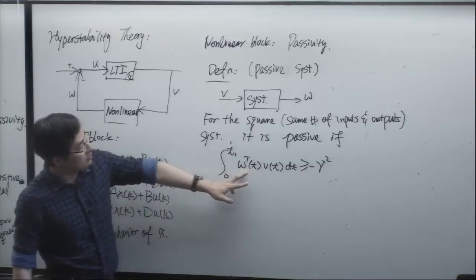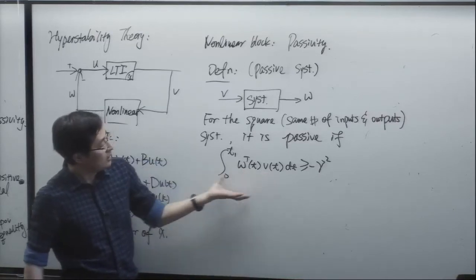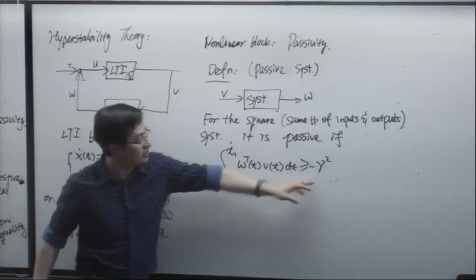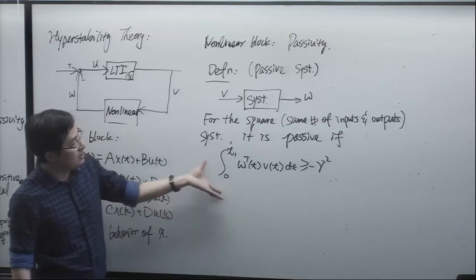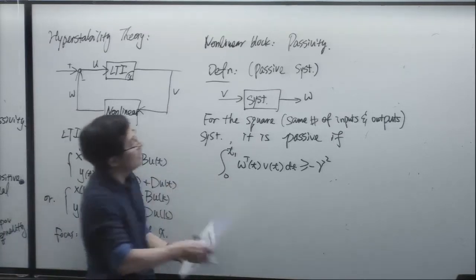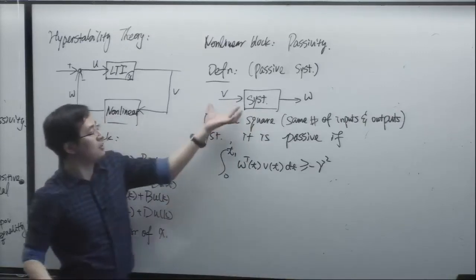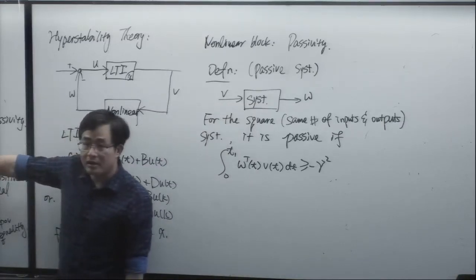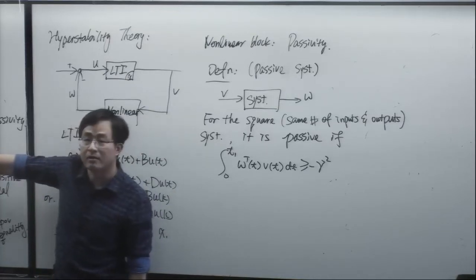If we do the product between input and output, it's going to be lower bounded by some negative number. And the intuition is as follows. If you imagine you apply a force to a mass and then it has a velocity, then force multiplied by velocity and integrated is going to be the work you apply to the moving mass.